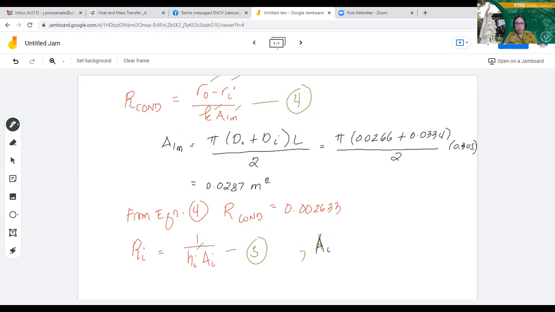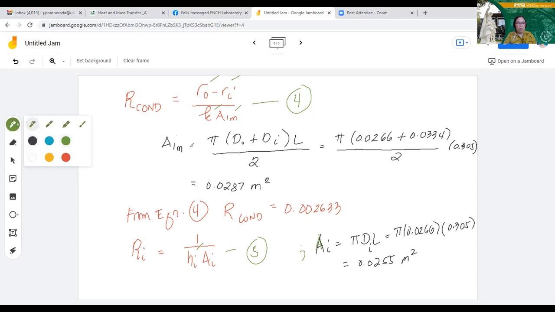So your A sub i would be pi dl, the transfer area based on the inside diameter. So I'm just going to substitute the inside diameter here, and we have the length. So your A sub i is 0.0255 square meter. Now, knowing this one, you can now solve for R sub i.